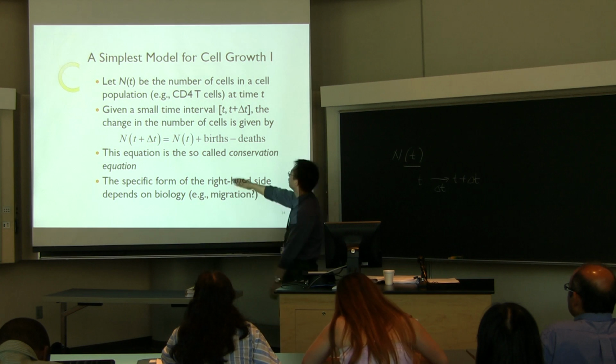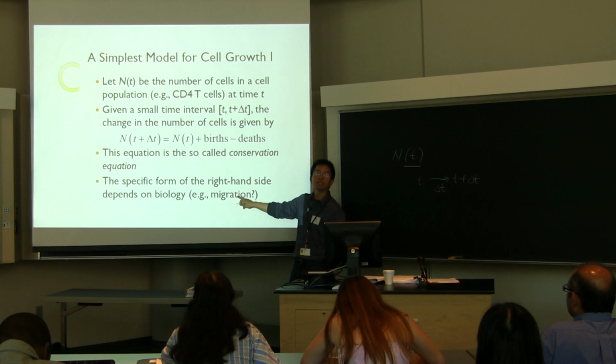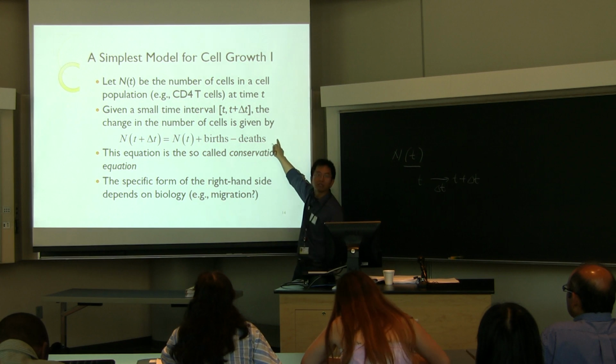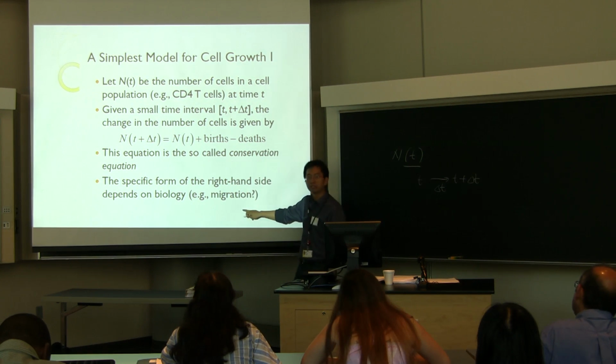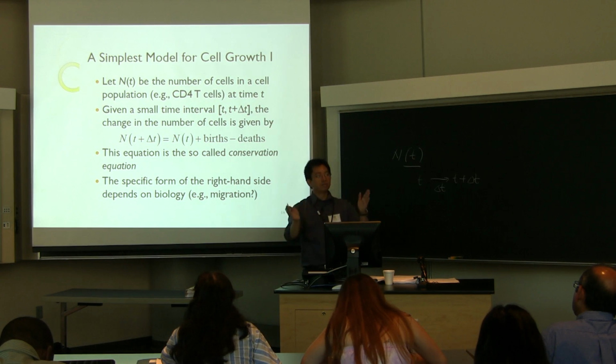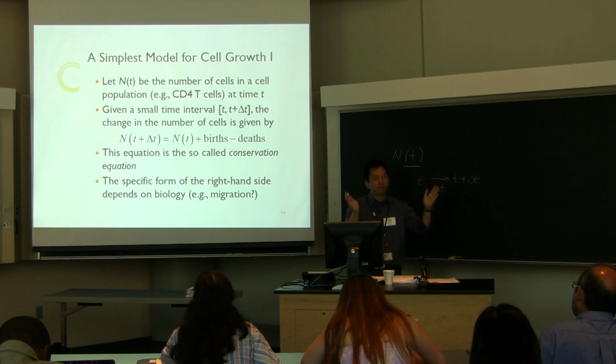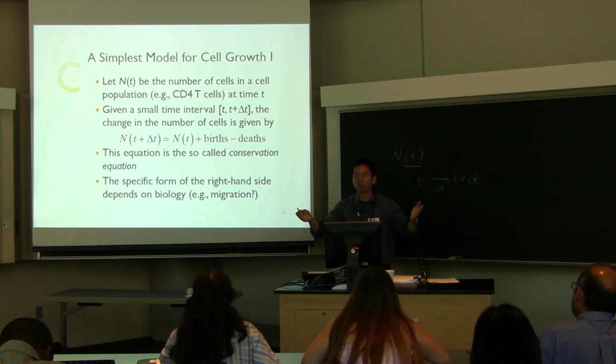For example, here I only consider birth and death. If you also want to consider migration, you will have another term. If you also want to consider differentiation, you will have another term. That's how you start from a simple model and get the one you want, by adding more and more factors you believe are significant.